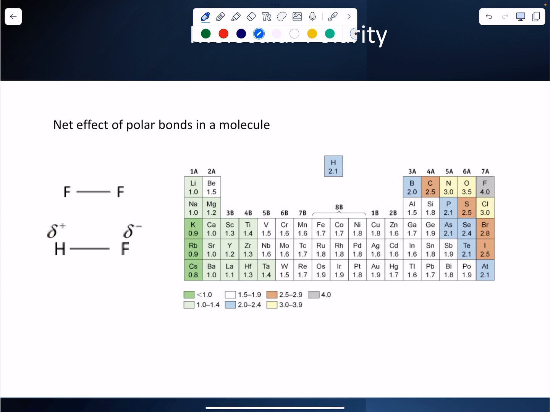All right, so here we have two examples of chemical bonds, right? We've got fluorine with fluorine and hydrogen with fluorine, okay? So fluorine and fluorine, this is our table of electronegativities.